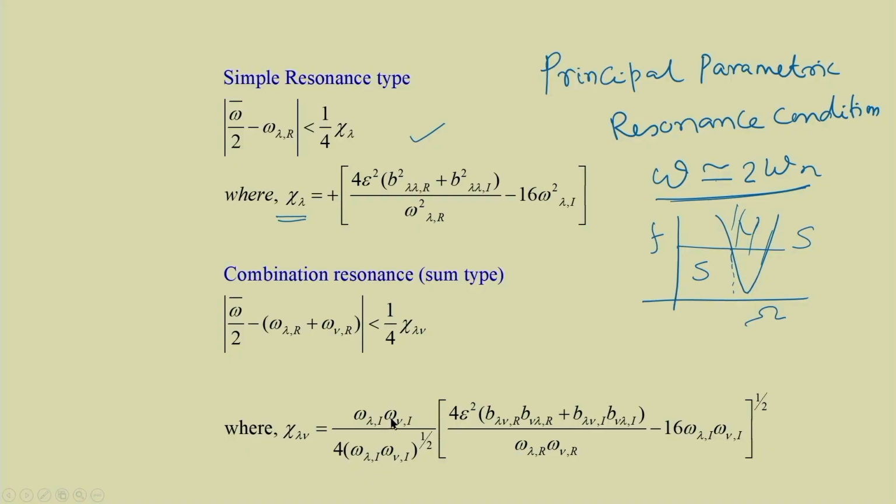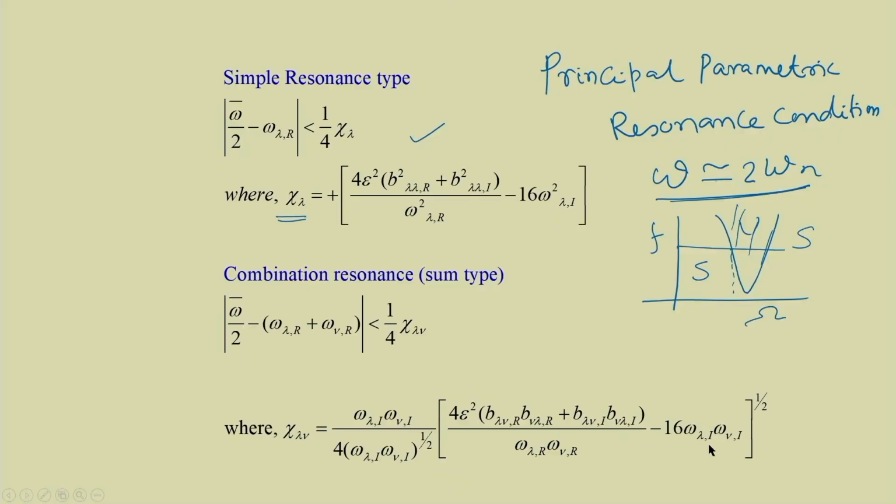Omega, as I already told you, is the square root of lambda. So it is omega lambda I into omega v I divided by 4 omega lambda I into omega v I, to the power half, into 4 epsilon square b lambda v r b lambda r plus b lambda v I and b v lambda I omega lambda r omega v r. Lambda and v correspond to two natural frequencies of the system.